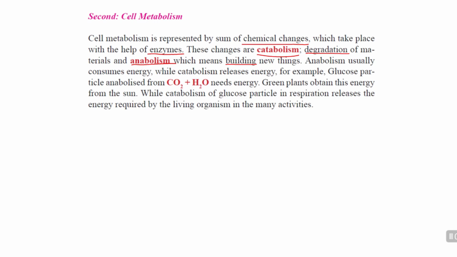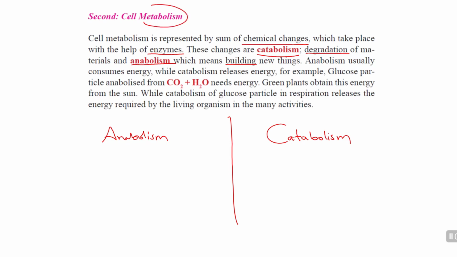Anabolism usually consumes energy, while catabolism releases energy. A question about this paragraph can ask you for the definition of cell metabolism, which we can say is all the chemical changes that happen in the cell. Or catabolism: the chemical changes that happen in the cell which break down big molecules into smaller particles.